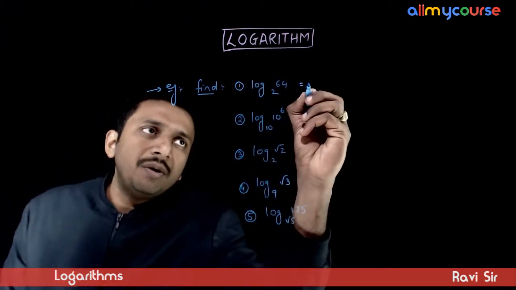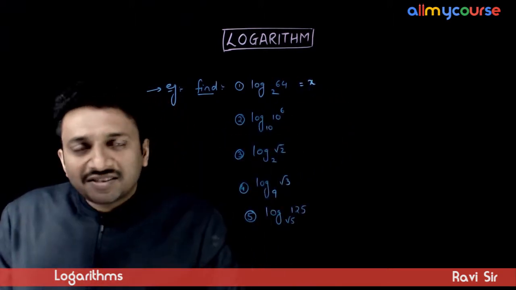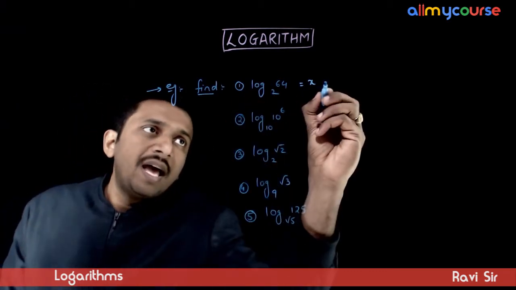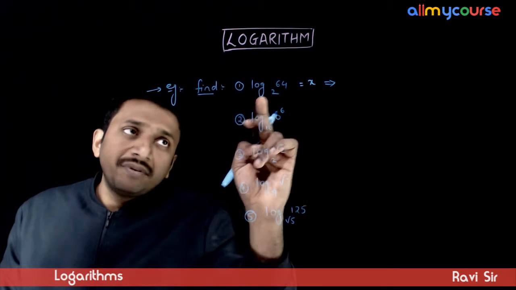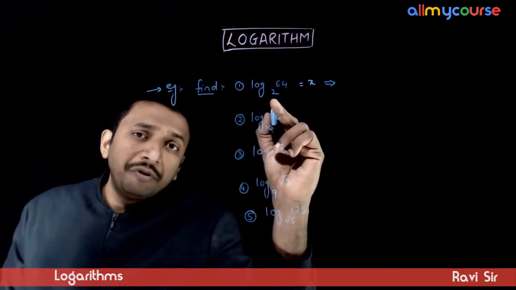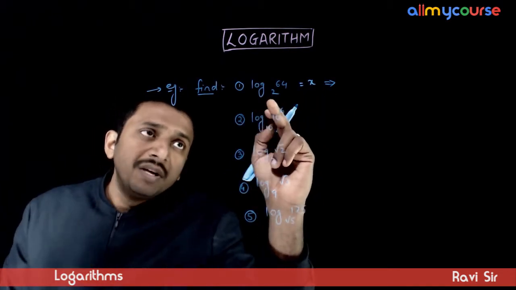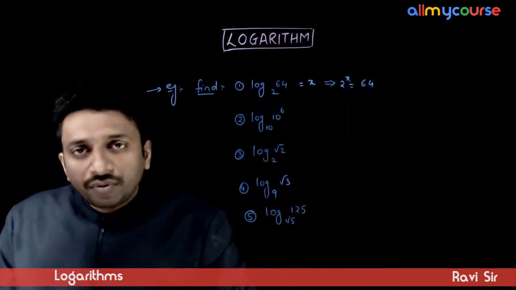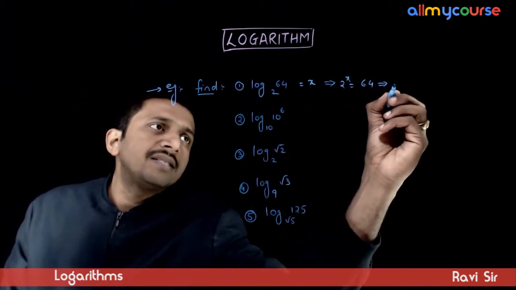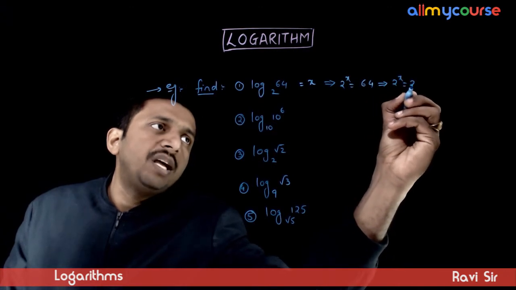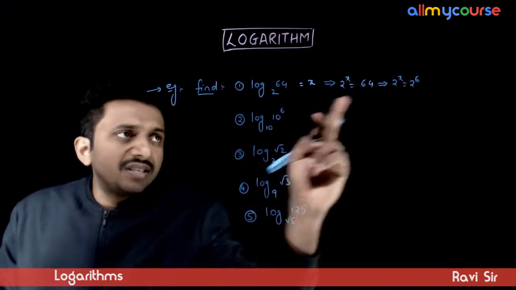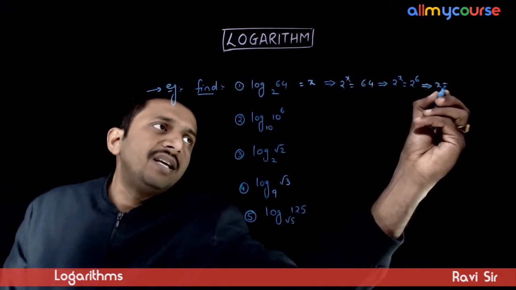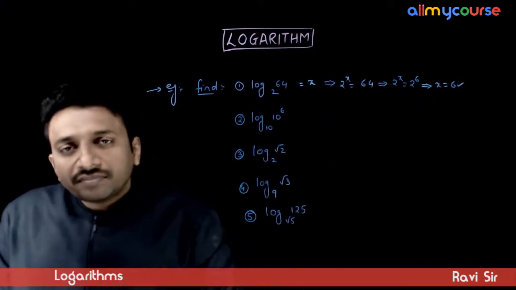So for now what I do is I'll assume this as x. So log 64 to the base 2, let it be equal to x, and this implies if you convert this into exponential form, 2 power x has to be equal to 64, and this implies 2 power x has to be equal to 2 power 6. 64 is 2 power 6, and this implies x is equal to 6.